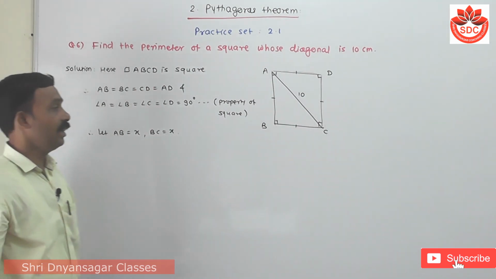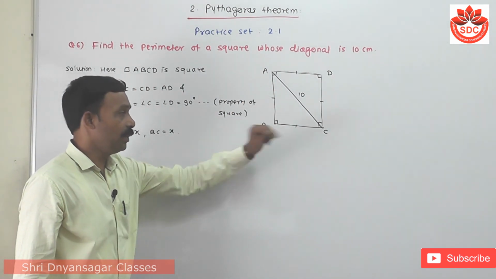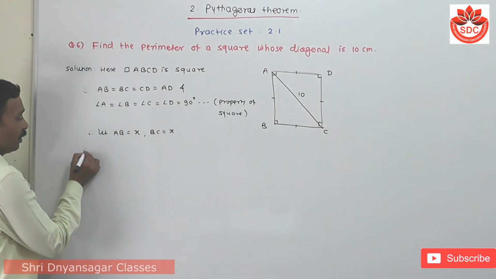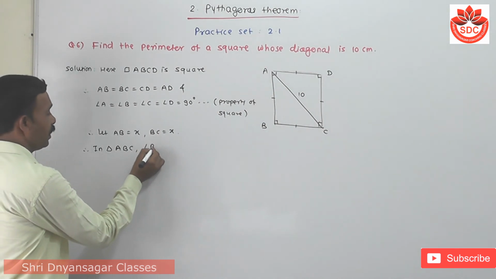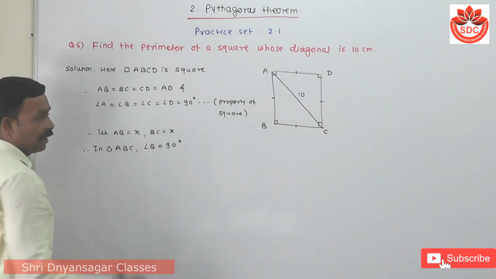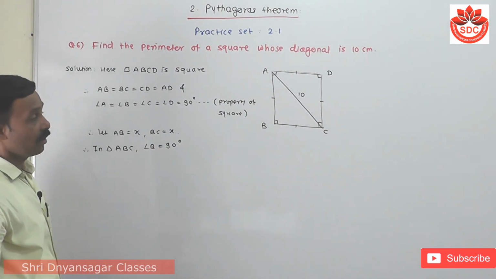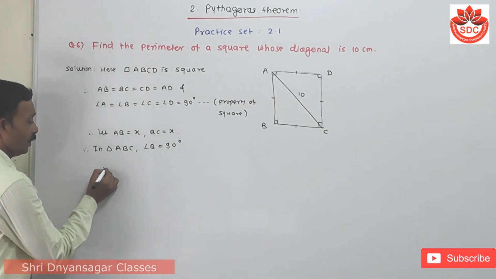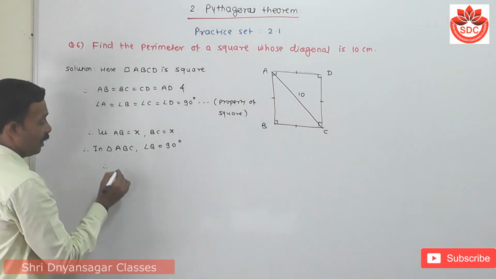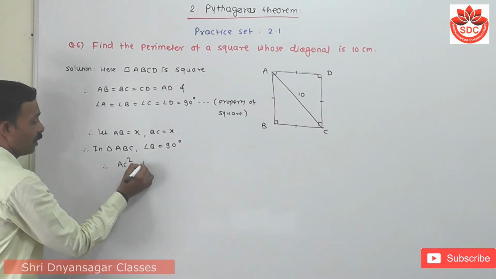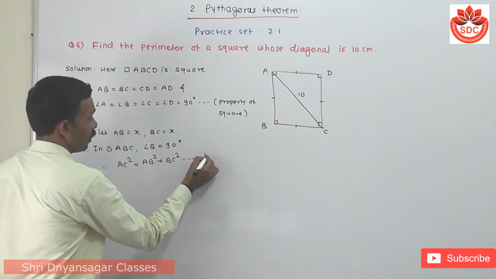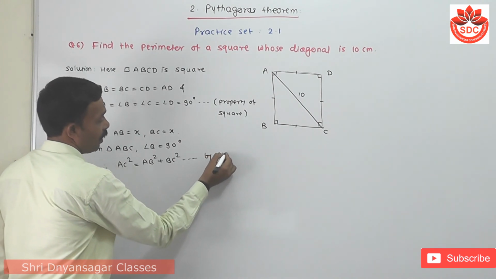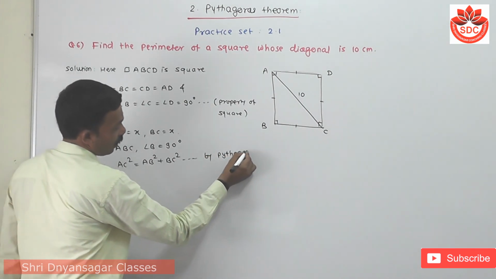Now I take triangle ABC. Therefore, in triangle ABC, angle B is equal to how much? 90 degrees. So by using the Pythagoras theorem, the hypotenuse here is AC, meaning AC square is equal to the sum of the squares of the two remaining sides.